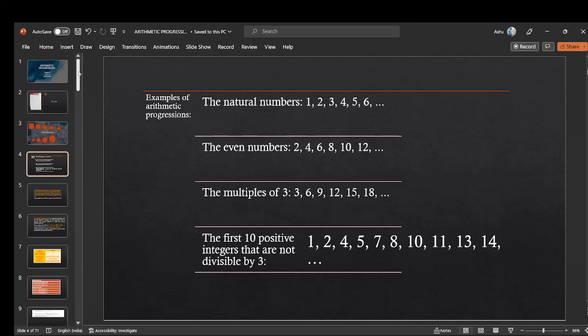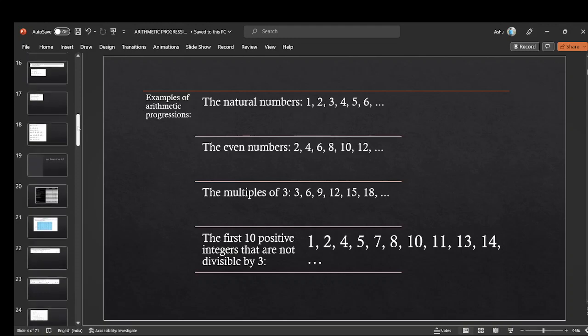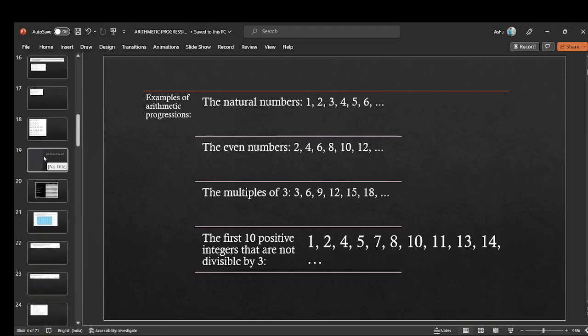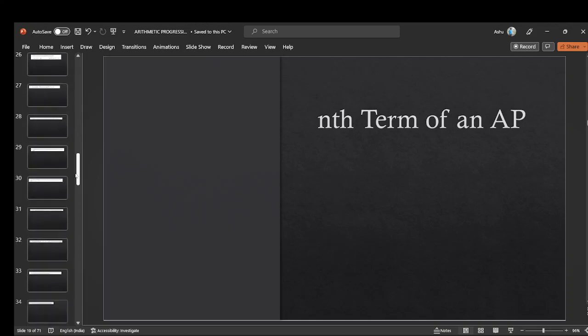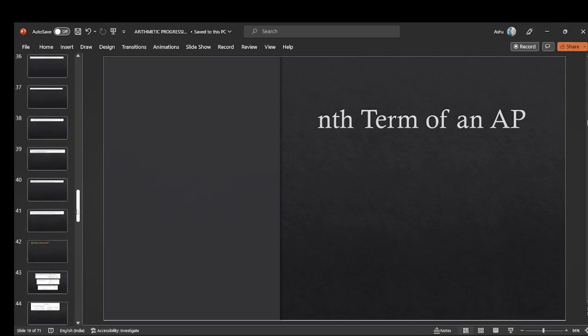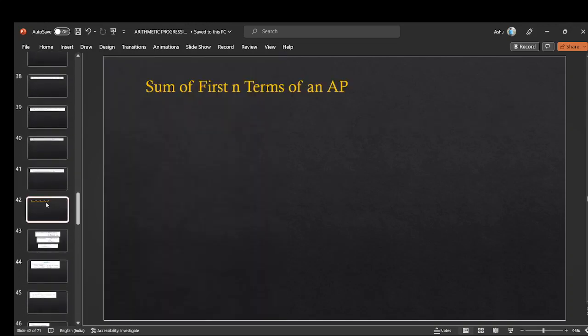Now we are focusing especially on finding the sum of the first n terms. Clear? What is the first n terms? This is our journey. Clear?